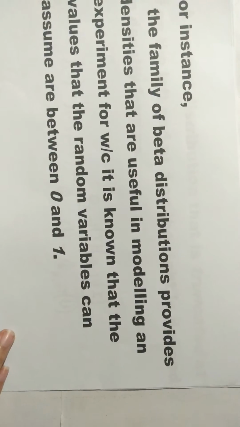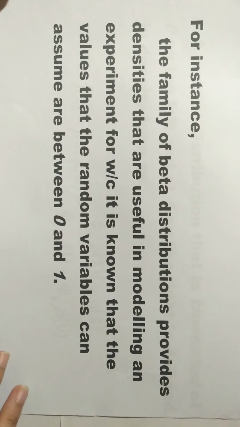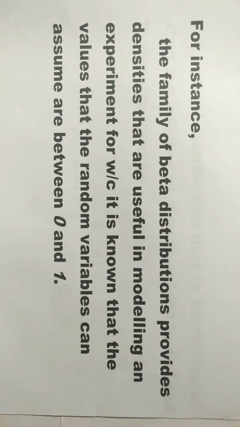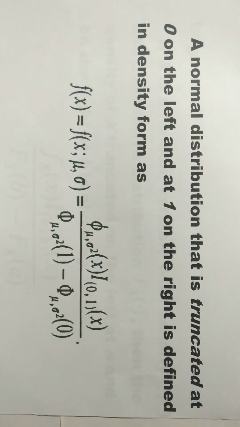For instance, the family of beta distributions provides densities that are useful in modeling an experiment for which it is known that the values that the random variable can assume are between 0 and 1. A truncated normal or gamma distribution would also provide a useful model for such an experiment.